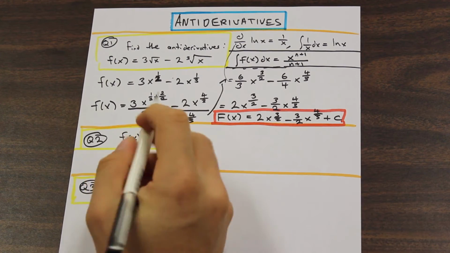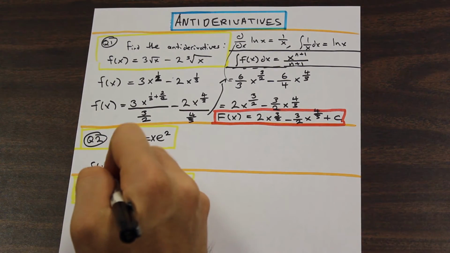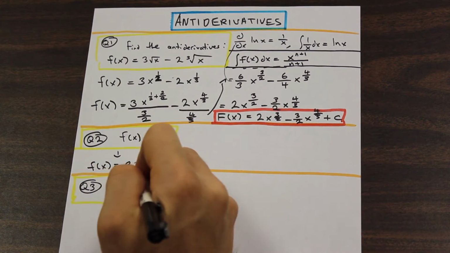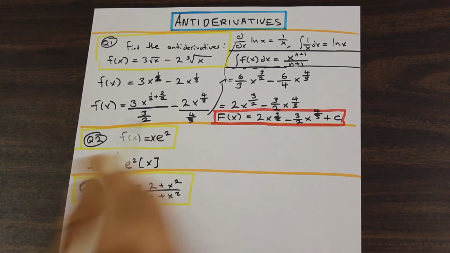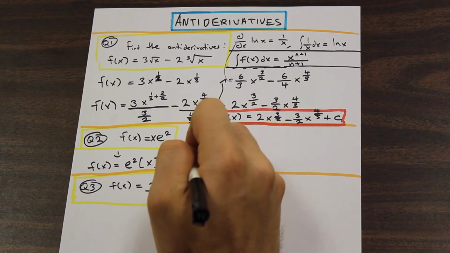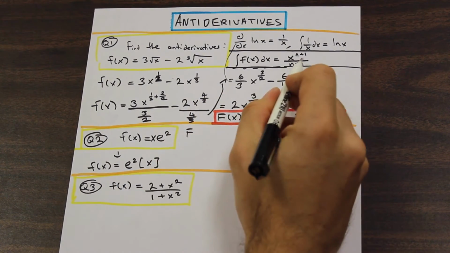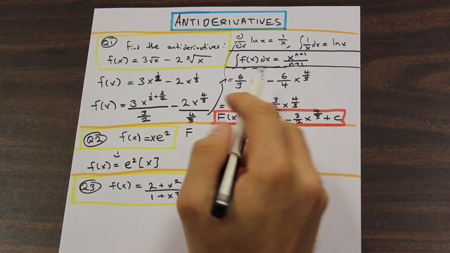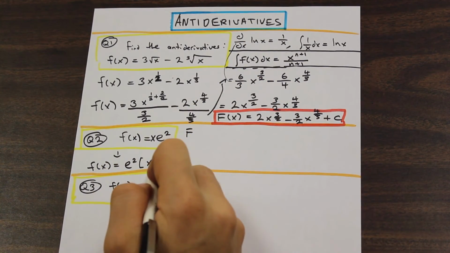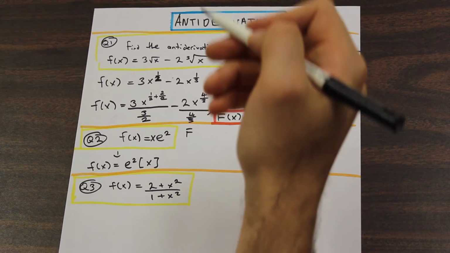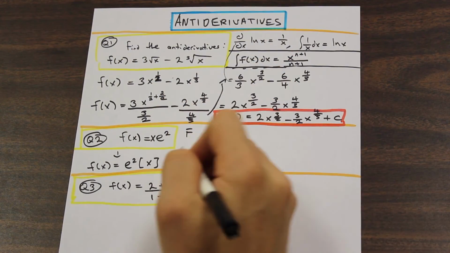So let's come down here, and we have f of x is equal to, and we're going to take that e to the 2 out and just work on the x on the inside. Now let's take the antiderivative of x. We're going to apply this power rule up here, x to the n plus 1 over n plus 1. So this is x to the 1, we add 1 plus 1, and that's going to be 2.